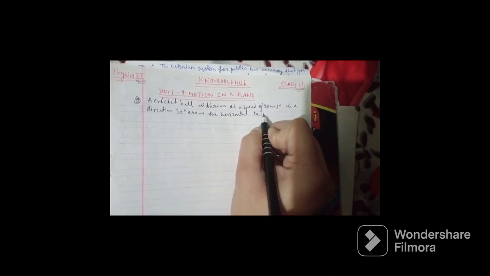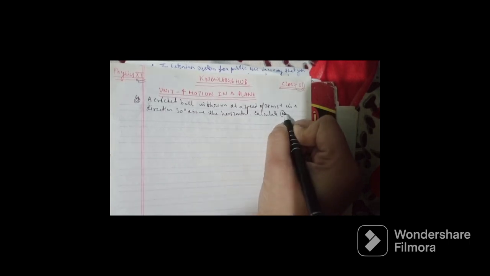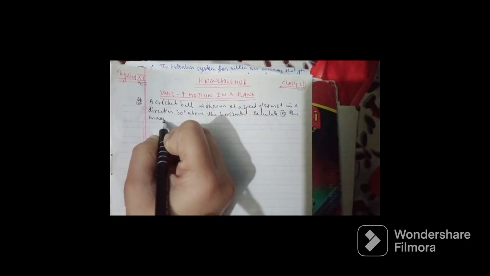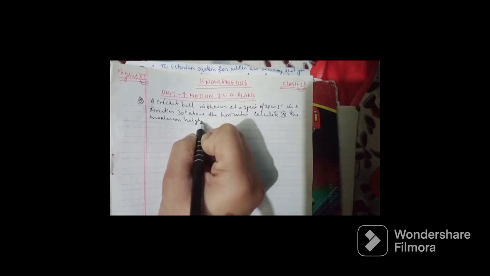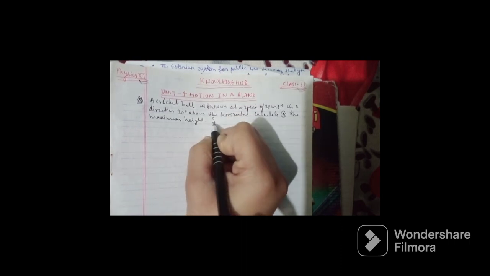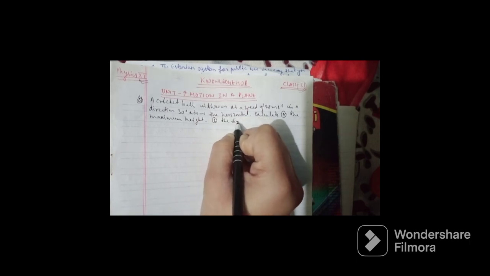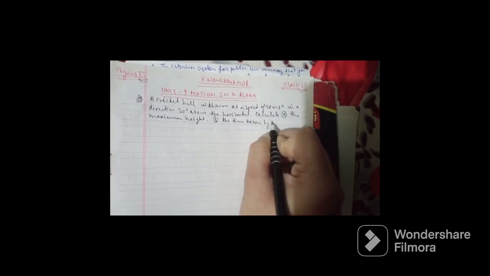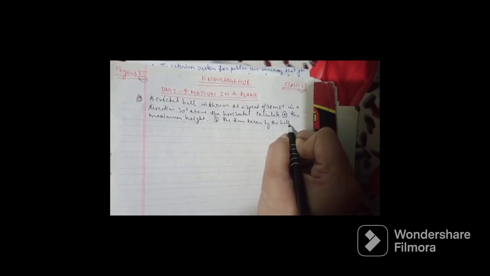Calculate A, the maximum height. B is the time taken by the ball to return to the same level.